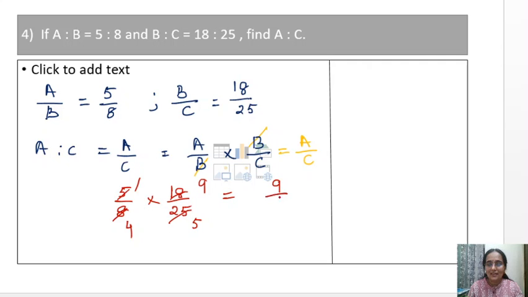Right? 9 by 36, it is once again 9 by 20. A is to C equals 9 is to 20. That is the required answer.